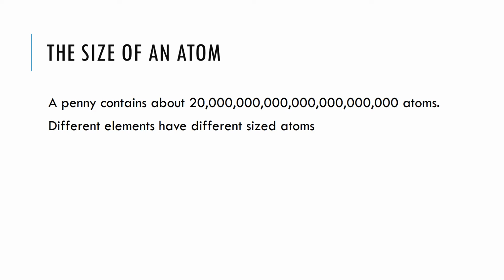In fact, I read the other day that there are 3 quarks inside of a hydrogen atom, and if each of those quarks were the size of a garden pea, then the hydrogen atom itself would be 1,000 miles wide. So a pea compared to 1,000 miles wide is insanely small.